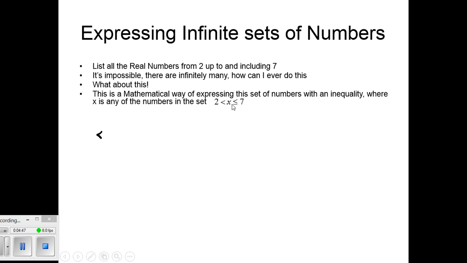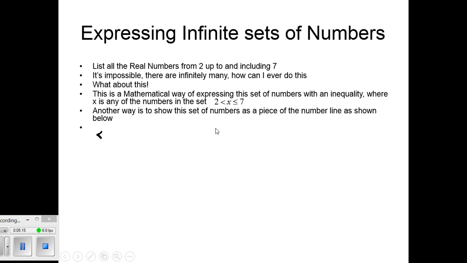It says x is any number meeting the condition of being greater than 2 and less than or equal to 7. So that implies all the real numbers between 2 and 7 inclusive.